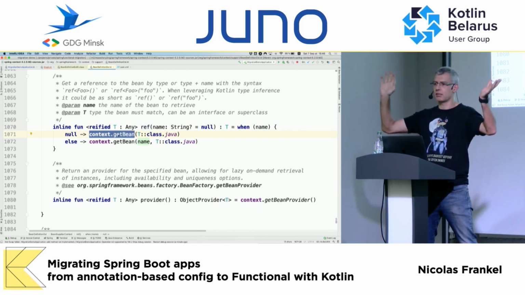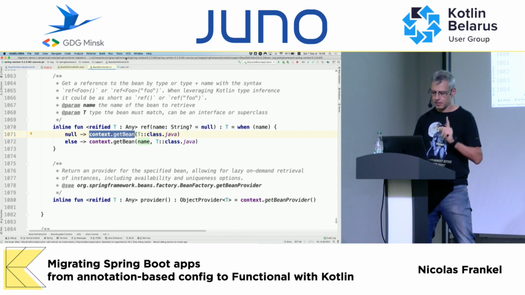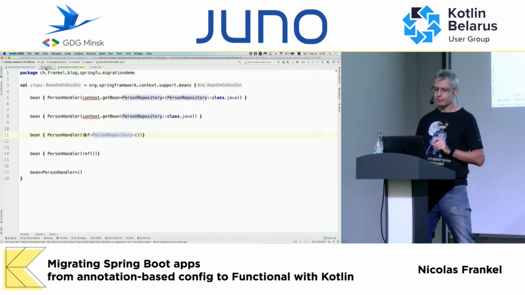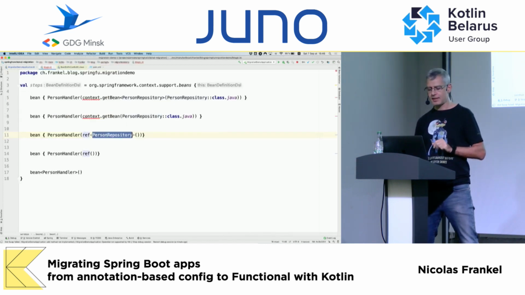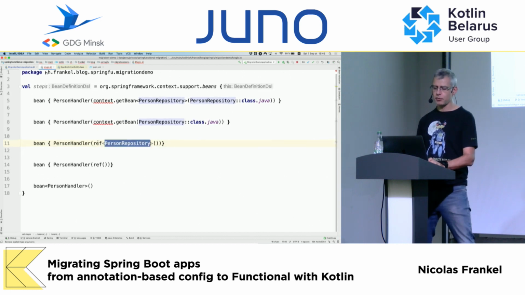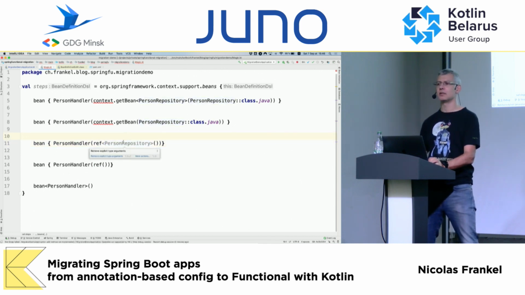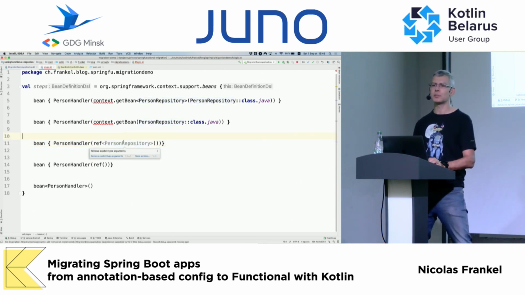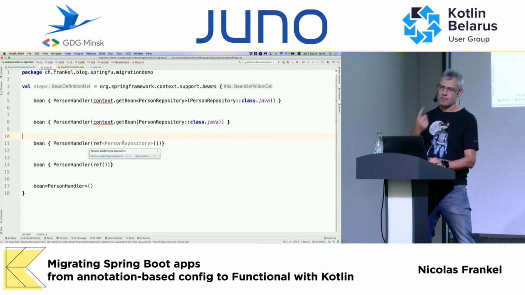Context.getBean, so no magic. Next step. I say, I want a ref of person repository type. And here, IntelliJ tells me, you're stupid, you don't need to tell it's person repository. Everybody knows it. At least the Kotlin compiler knows it.